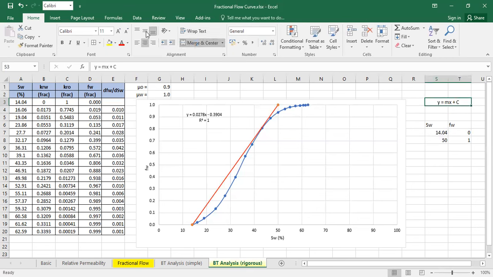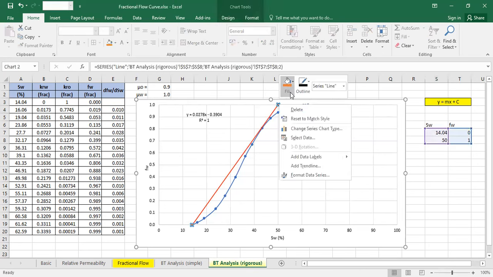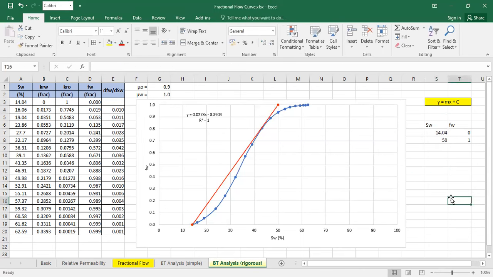M is the slope, and c is the intercept. And I want to change it to red as well. And so we get the m and the intercept.